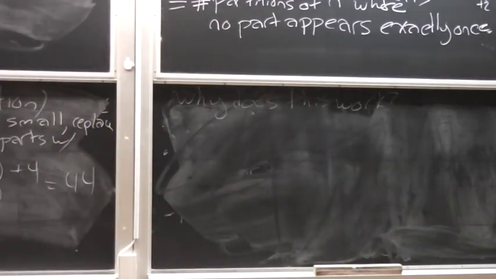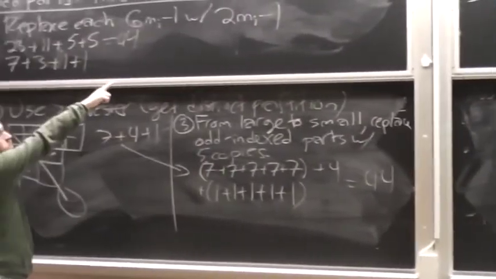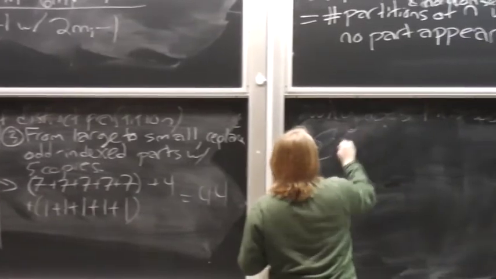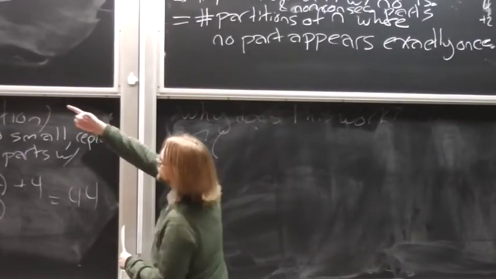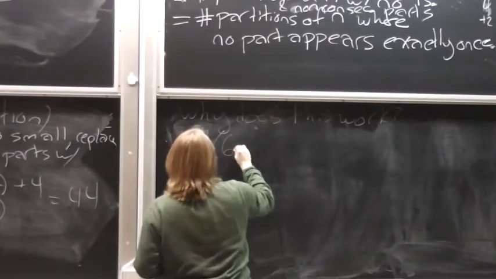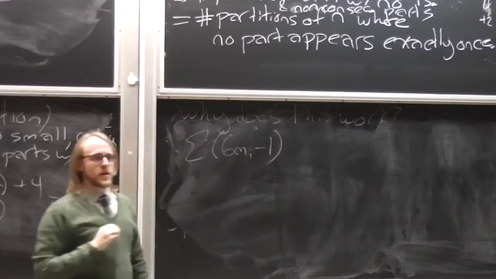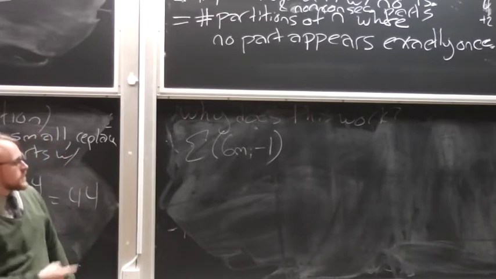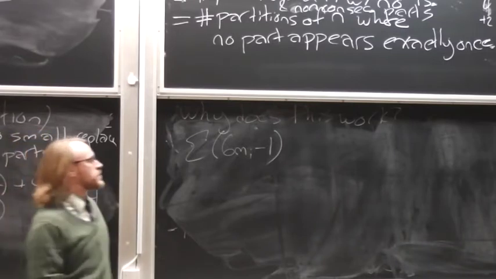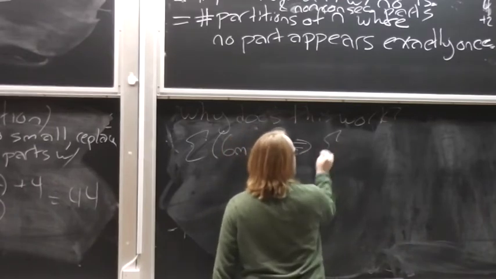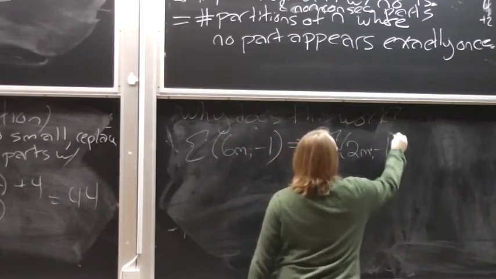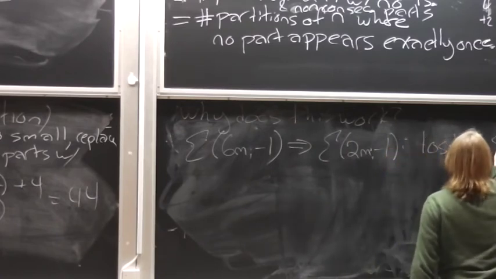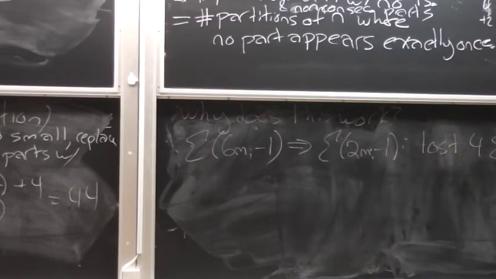Well, whenever we're going from 6m_i minus 1 to 2m_i minus 1, our original sum, in that case n is 44 here, ignoring the even part and stuff like that, can be written as something that looks like the sum over 2m_i minus 1, so we lost 4 times the sum of the m_i's when we were doing this.